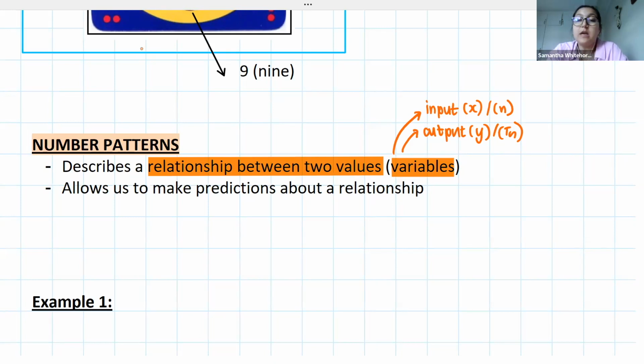All right. Now, what's also really important about number patterns is that once we have the general relationship or the general rule, or an understanding of what the relationship is between these two variables, we can start making predictions about the relationship. For example, think of how this would be useful in the real world.